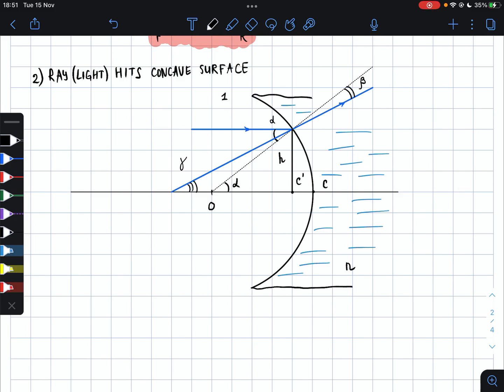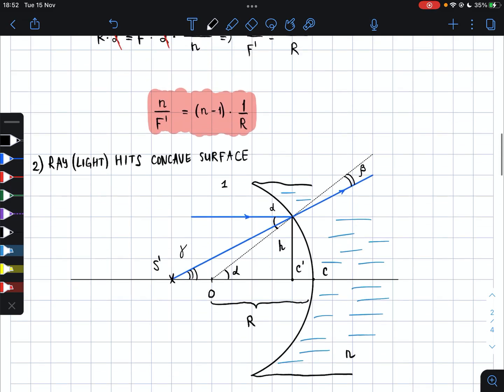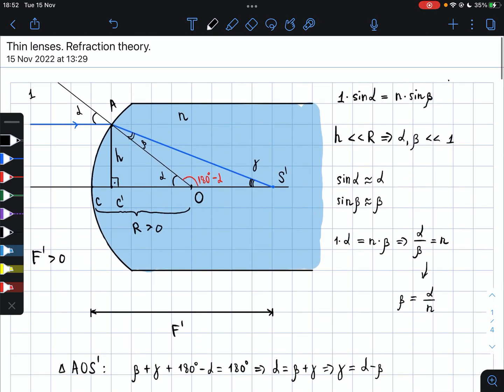It means that this is our radius, the radius of our sphere. As you see, this image looks exactly the same as the previous image, but it's just mirrored.